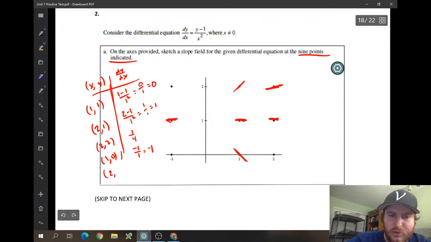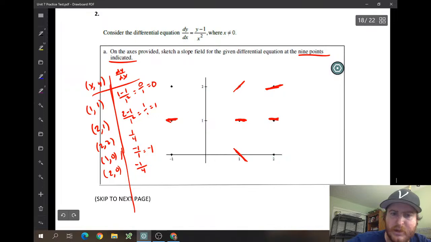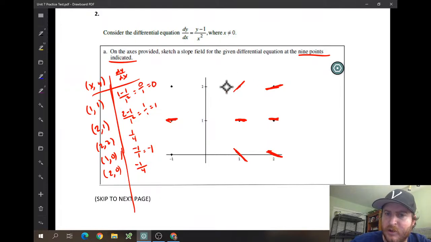And then at 2, 0, I'm going to end up with -1 over 2 squared, which is -1/4. We can see it's flipped. So up 1, left 4, we're trying to connect it there. A very, very shallow line. They're not going to need you to be precise. As long as this one here is steeper than that one there, they're going to mostly give you credit.